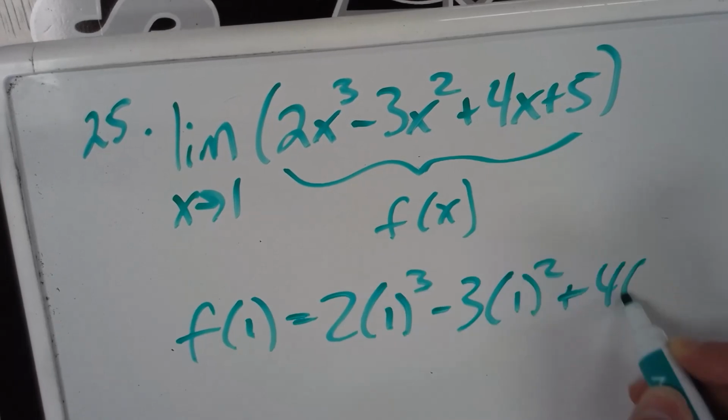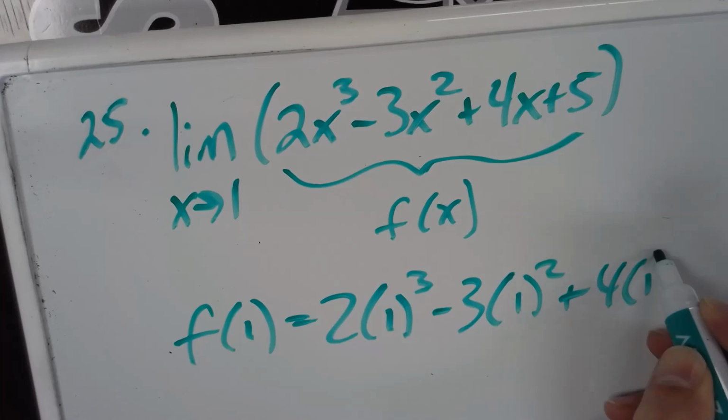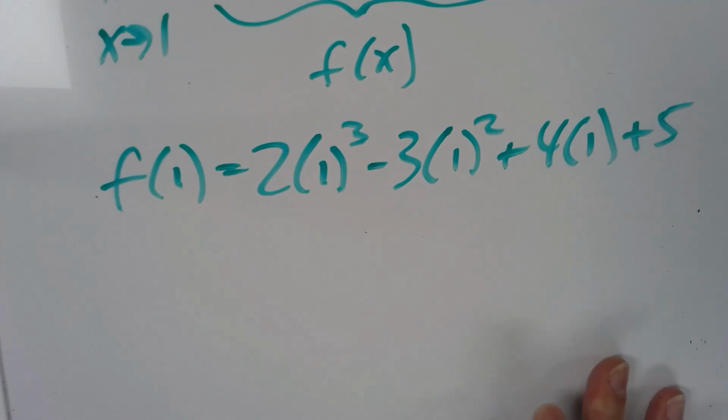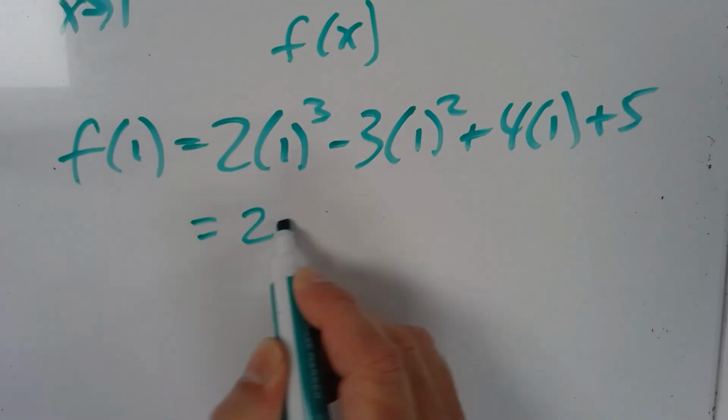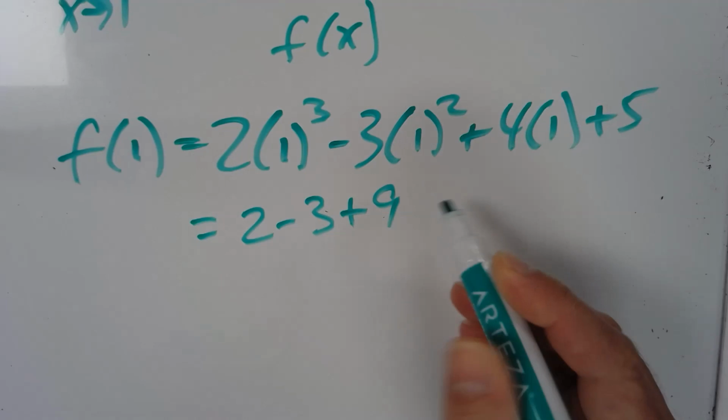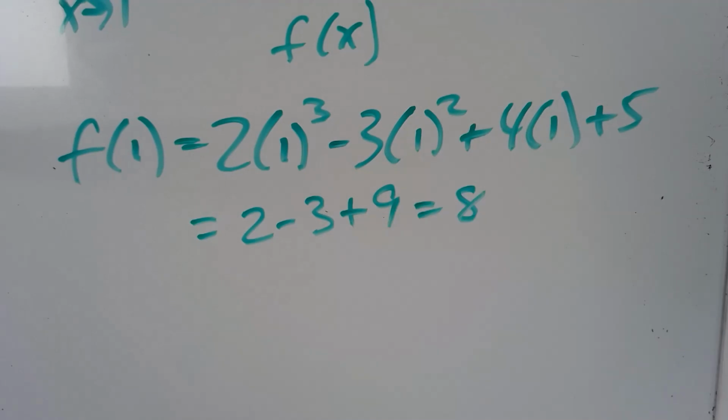You're totally welcome to apply as many limit laws as you feel like you need, but there's no need that we use that to prove that this is true. So now you just go with it. Okay. Anything else from that? All right. So let's do a couple homework problems.